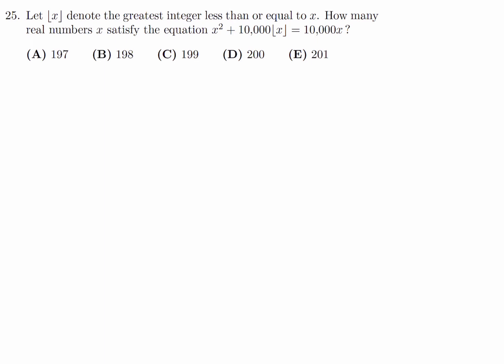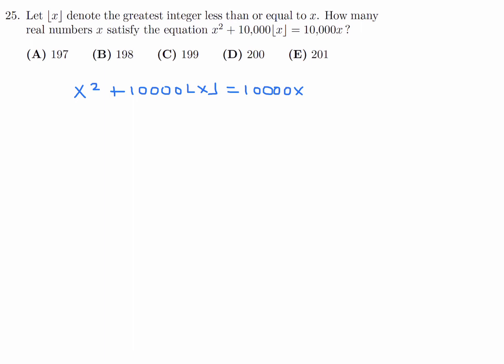Let x bracket denote the greatest integer less than or equal to x. How many real numbers x satisfy the equation x squared plus 10,000 bracket x is equal to 10,000x?